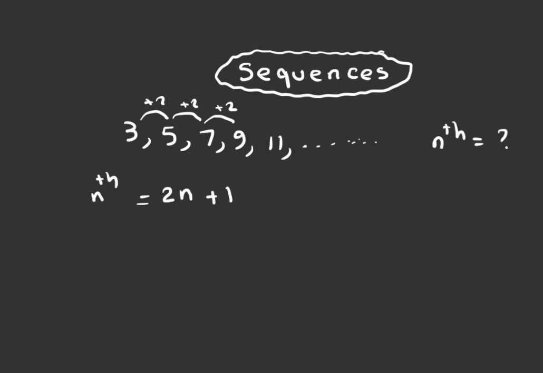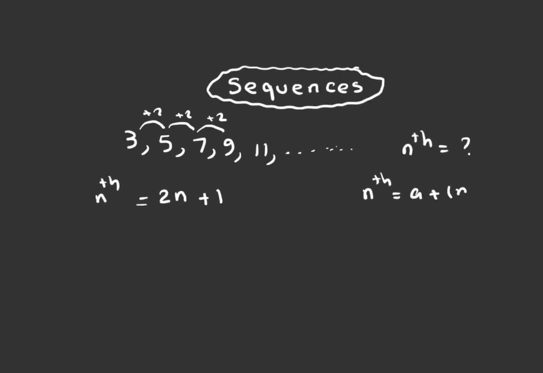The other way to find the nth term is that we have a rule for the nth term. If we have an arithmetic sequence, it is A plus n minus 1 into D. A stands for the first term, and D is the difference between the terms, the number we add or subtract every time.